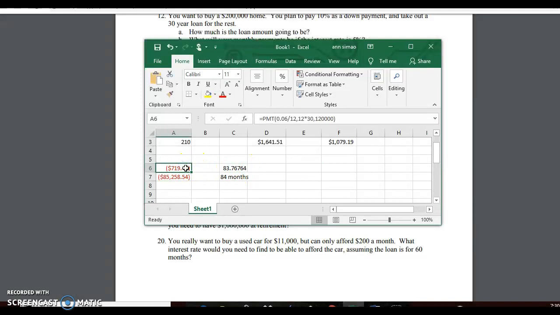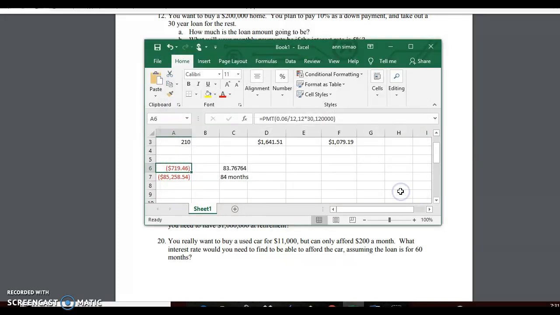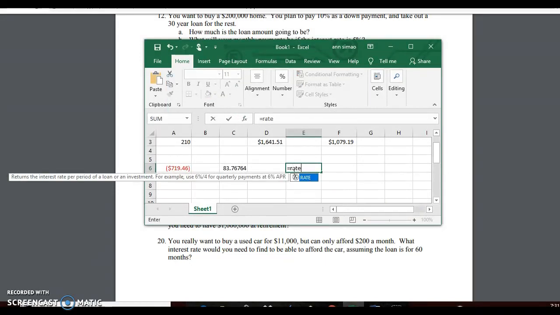What interest rate will you need in order to be able to afford the car? So one thing I want to point out is, remember all these pieces? Rate was just like the NPER. So those are going to be the important formulas that you're going to have here. Equals RATE of number of payments.